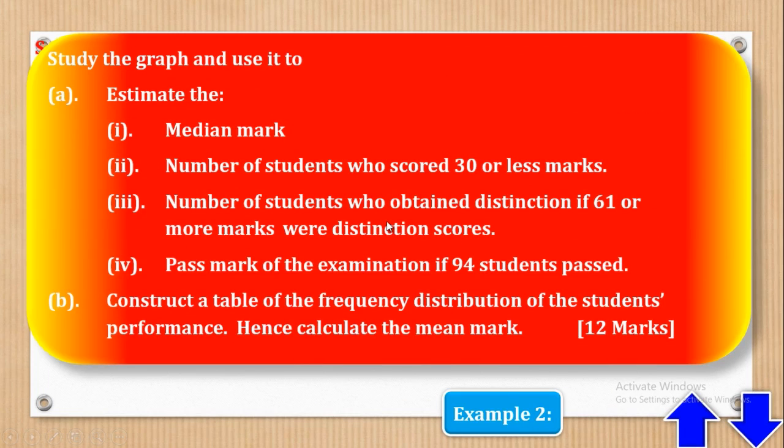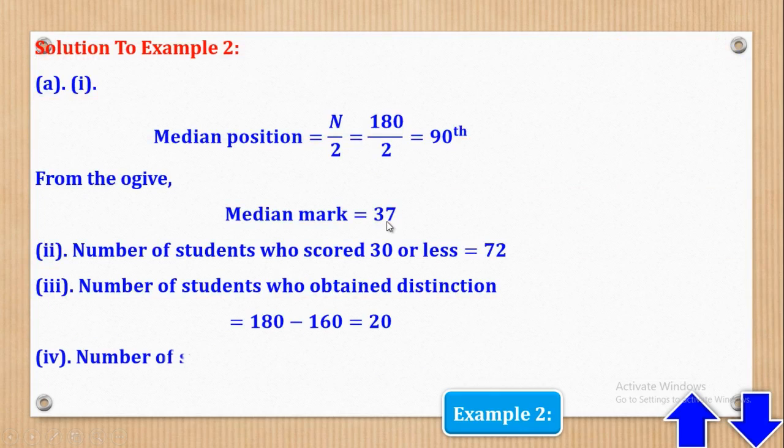Then Roman 4, they wanted the pass mark if the examination if 94 students passed. So shall come here and say that number of students who failed will be 180 minus 94 to come up with 86.